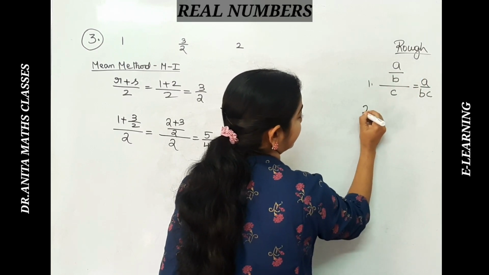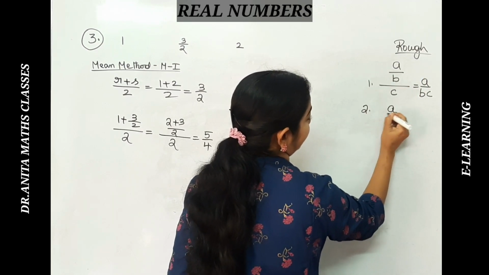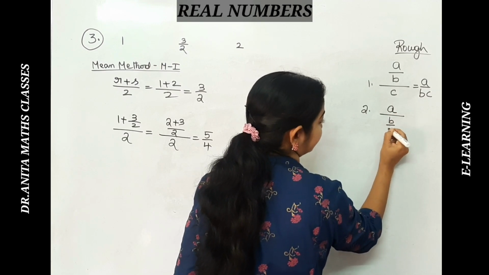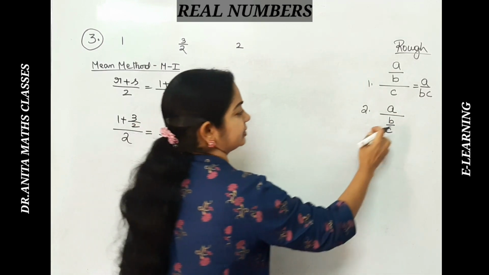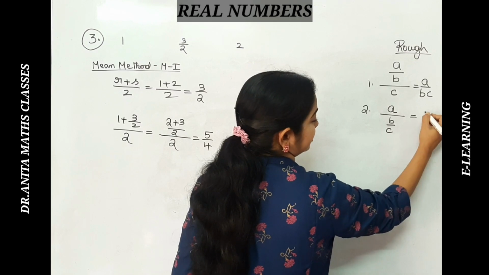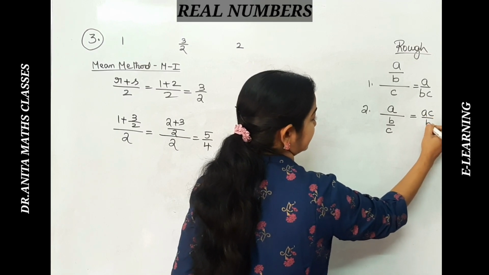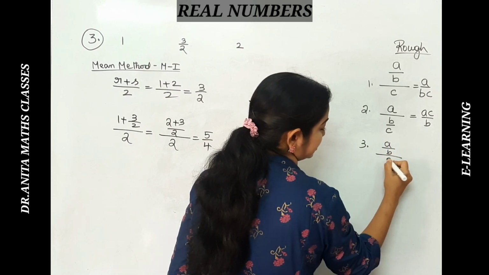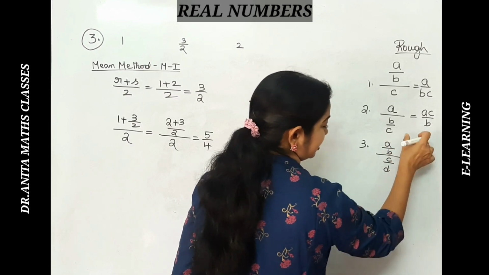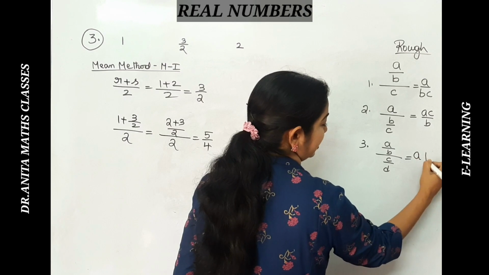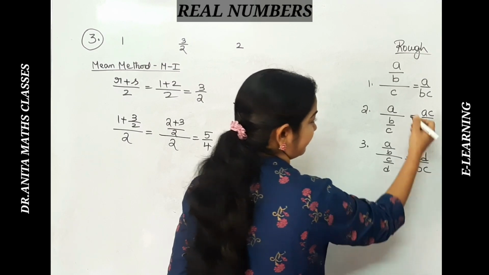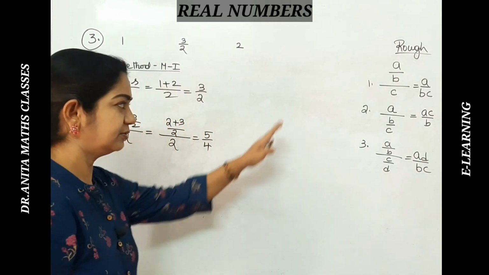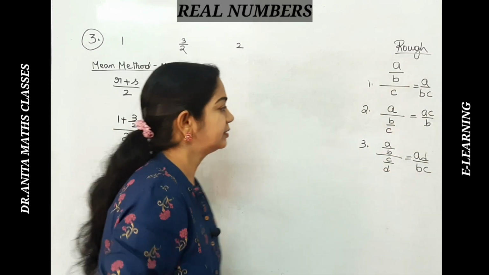And if the number is like A upon B by C, here this comes above, so AC by B. If the number is A by B upon C by D, this becomes a reciprocal, so that becomes AD by BC. Likewise, you should know these basic operations.